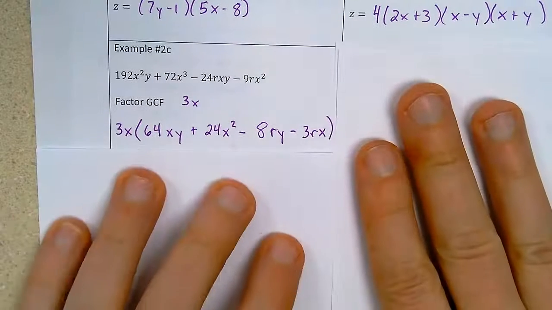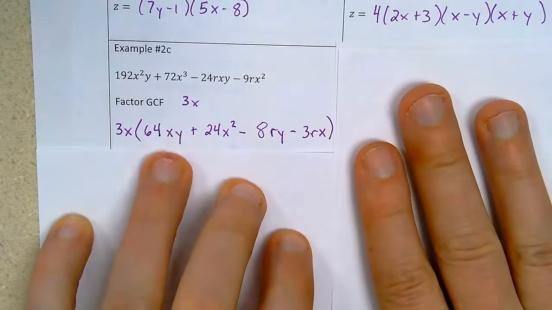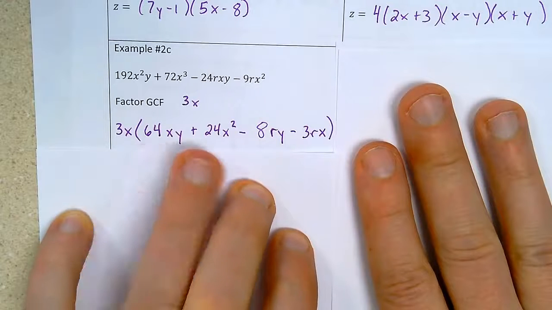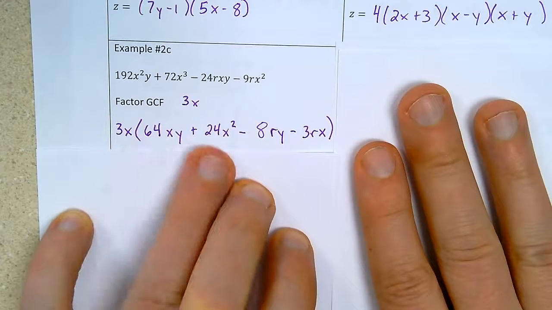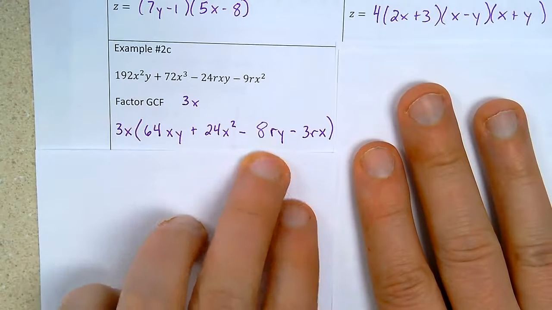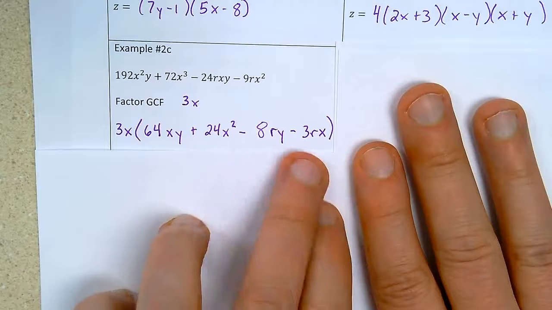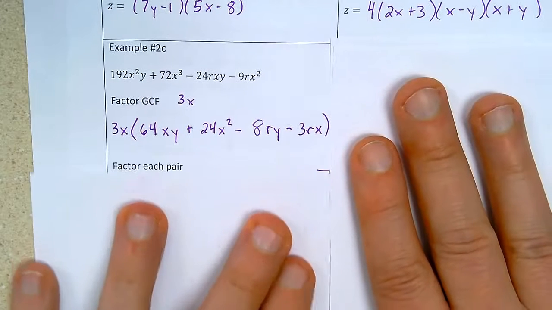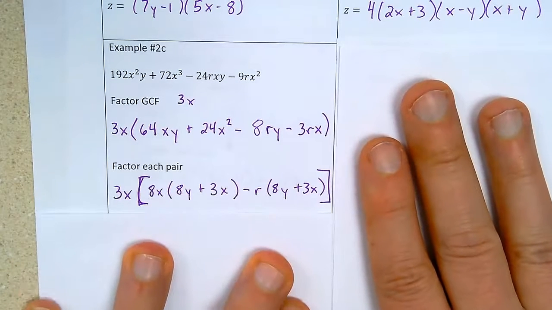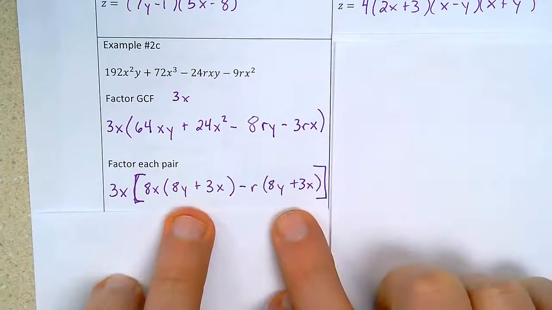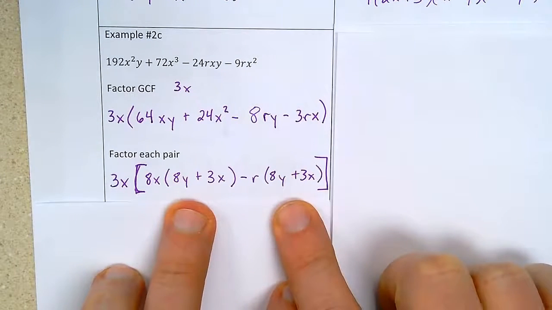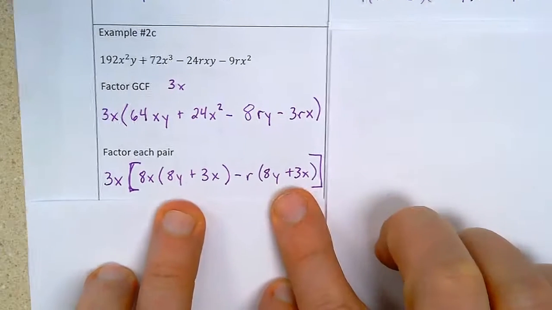Then I'm going to look at the first pair and see if there's anything that comes out. Both numbers are divisible by 8, and both of them have an x, so we'll pull an 8x. And then the second one, it looks like both of them have an r, so we can pull an r out. The end result is our parenthesis sets match, so we can continue with factor by grouping.